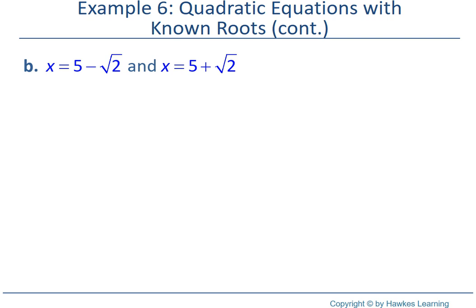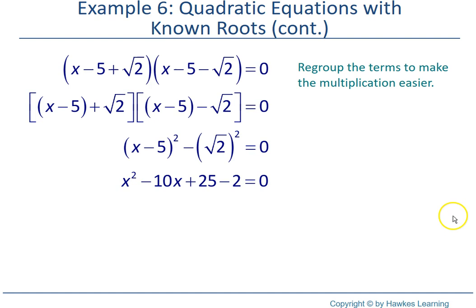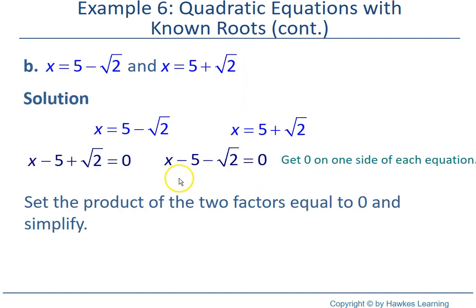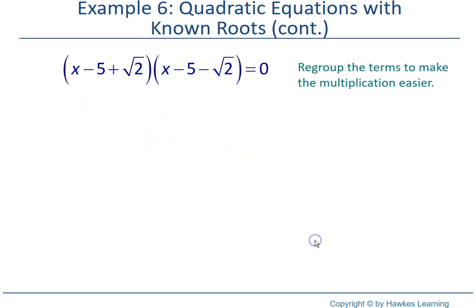Okay. Now, in looking at example B, pause, copy this down. We're going to pretty much repeat what we've just done. So there's x equals this, x equals that. We're going to transpose the 5 and the negative square root of 2 over.